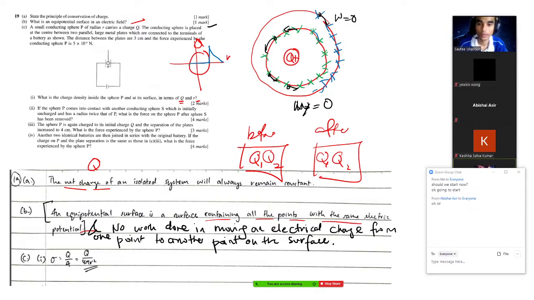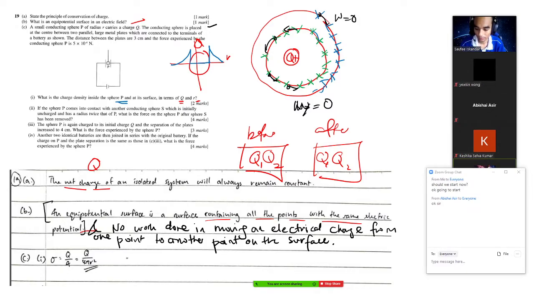The same situation applies behind and in front, and inside the sphere. So the charge density inside the sphere, of course, will be 0. It wasn't mentioned here.